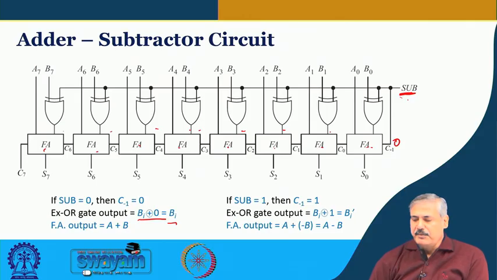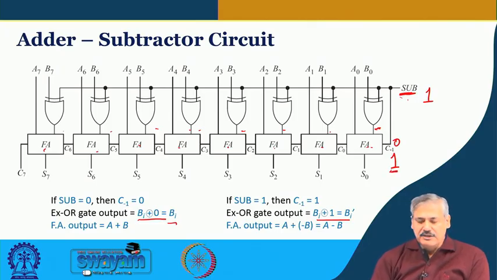Now, instead, if we have sub equal to 1, that means we are interested in doing subtraction. When it is 1, the carry input here will become 1, and Bi XORed with 1 is Bi prime. So you will get the inversion of B, the 1's complement of B, and 1's complement of B added with 1 gives the 2's complement.